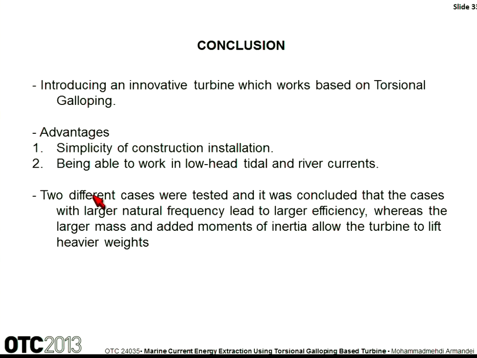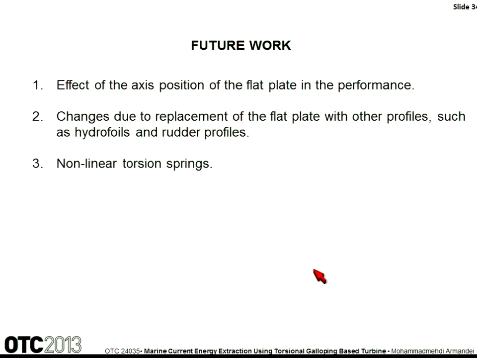We tested two different cases and concluded that the cases with larger natural frequencies lead to larger efficiency, whereas the larger mass and added moments of inertia, which is case B here, allow the turbine to lift heavier weights.